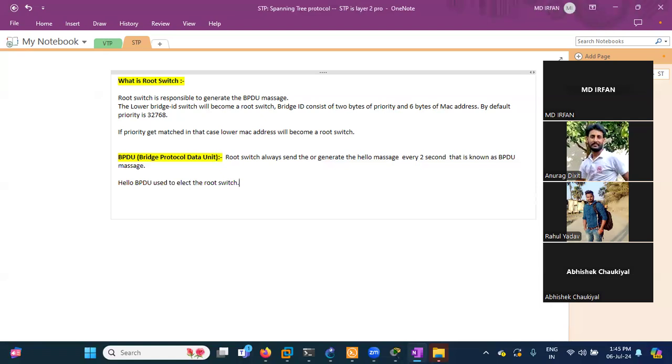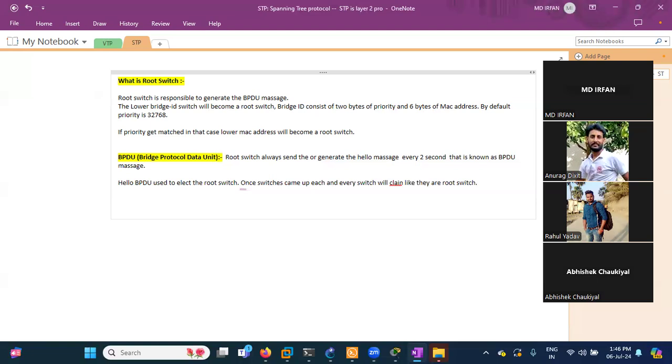Root switch means once switches come up, I mean powered on and cable connected, each and every switch will claim like they are the root switch. Funny thing is, in an election, multiple people are filing their nomination, right?